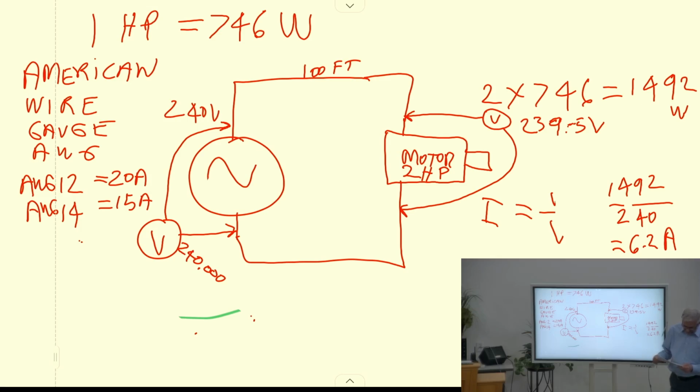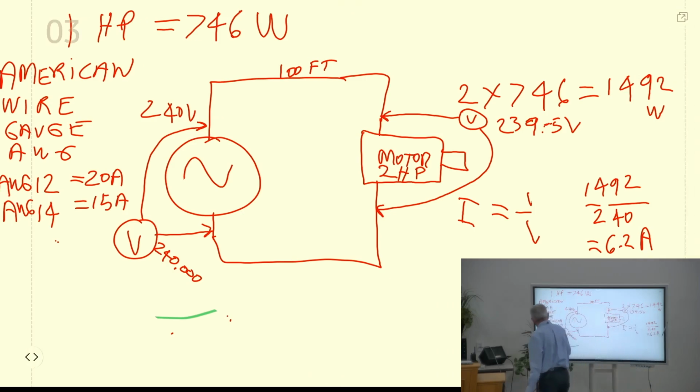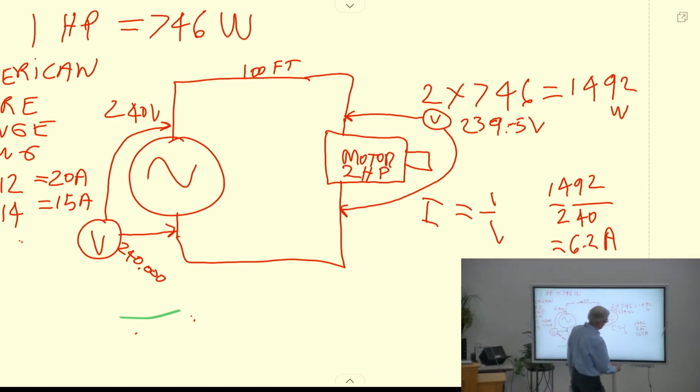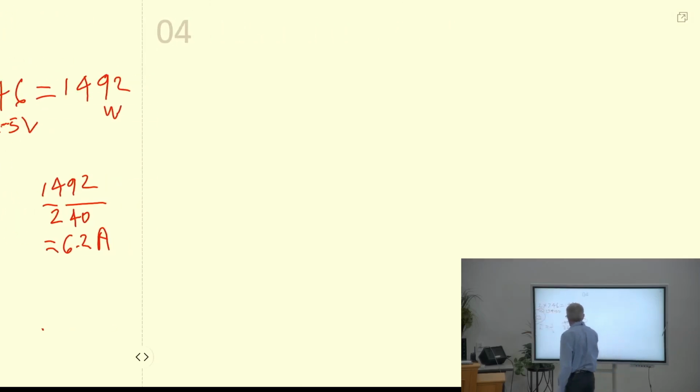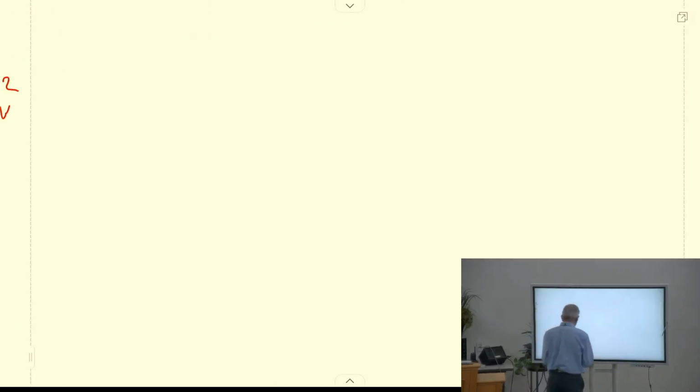Let's move this over. All right. Let's do another problem. We're designing a space heater. Okay?